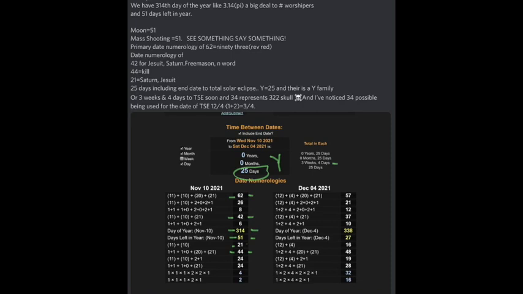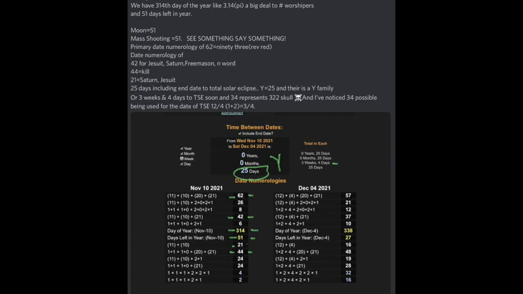Now, 25 days left in the year. We've been tipped off that there is a Y family. Y equals 25. And again, 3 weeks and 4 days to the total solar eclipse. The total solar eclipse is on 12/4.